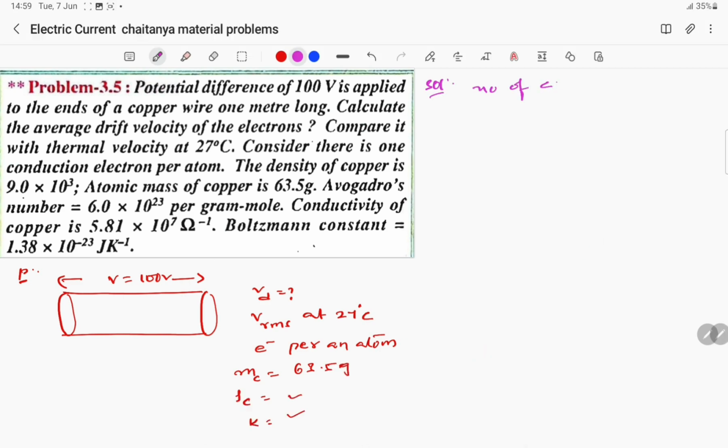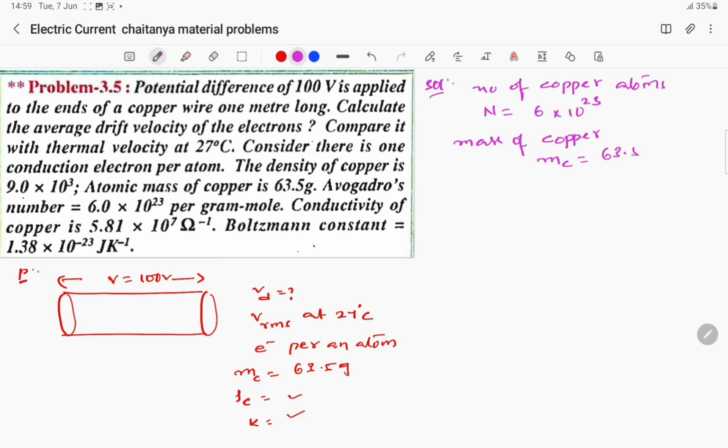Let us find out the solution. The number of copper atoms equals the Avogadro number, 6 into 10 to the power of 23 atoms. The mass of the copper they have given equals 63.5 grams.